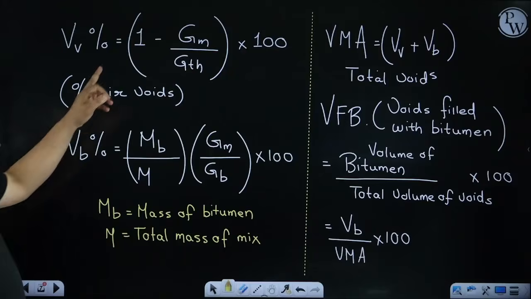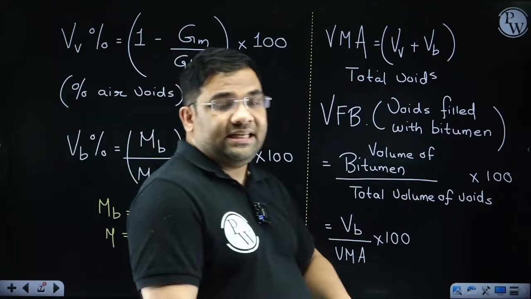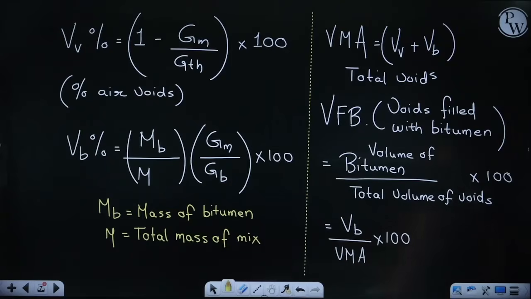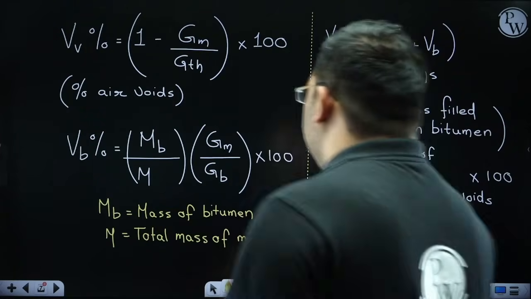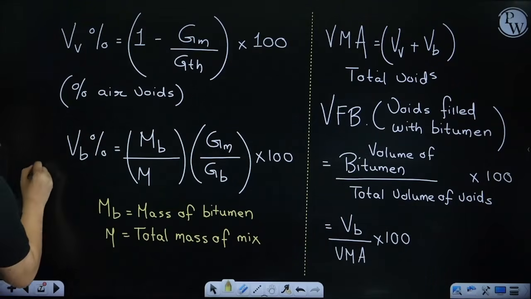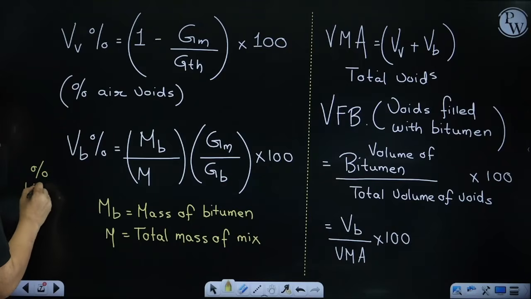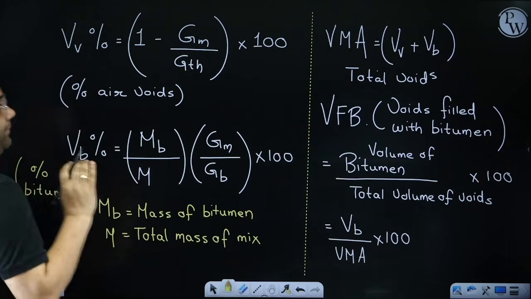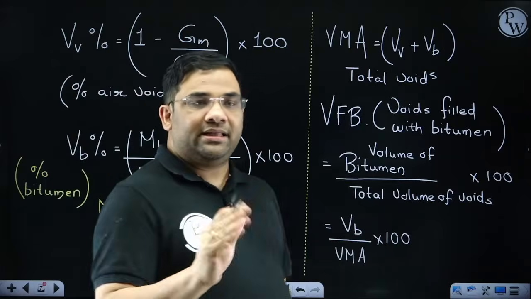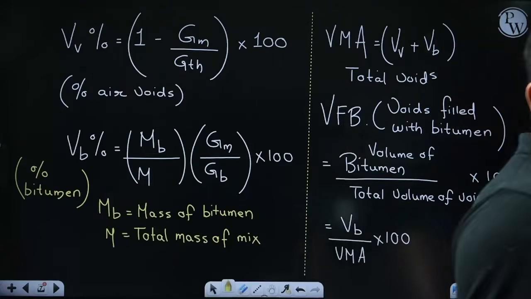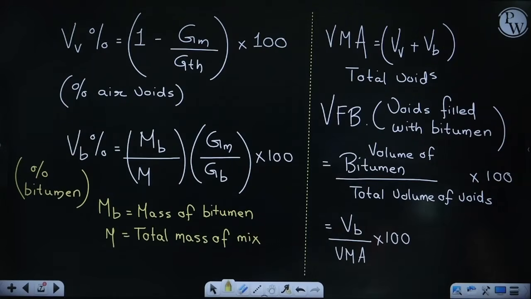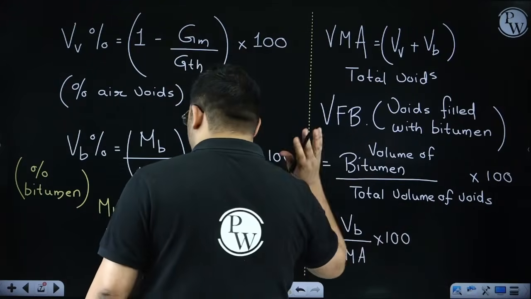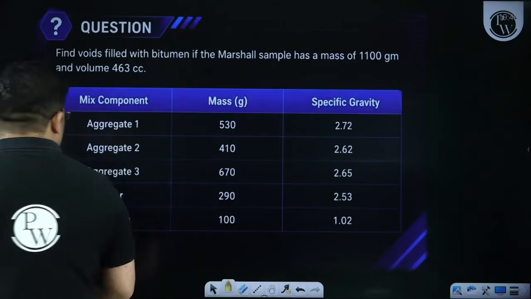Air voids we calculate using 1 minus Gm by Gth into 100, and then this is the percentage bitumen. Then we have VMA, total voids: we'll add the air voids and bitumen. Then we have voids filled with bitumen, that will be the volume of bitumen by total voids into 100. Very easy. Let us solve one question.